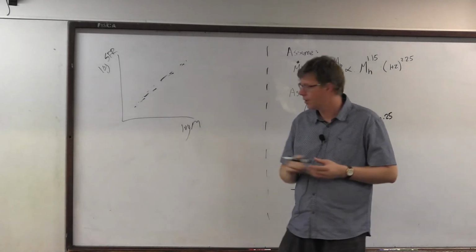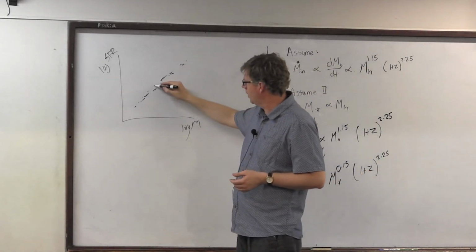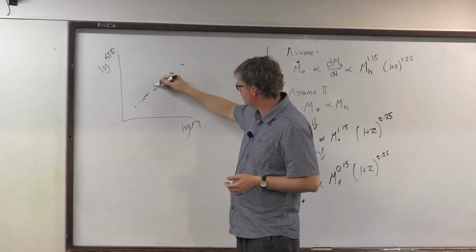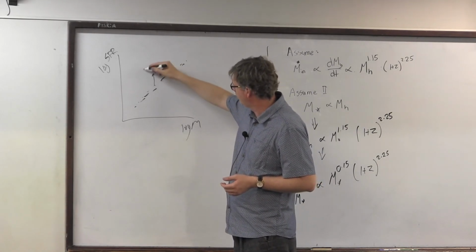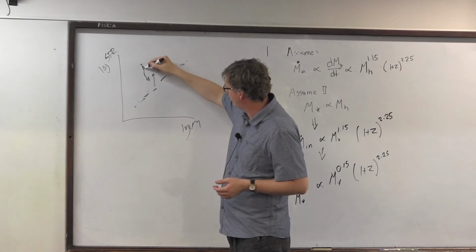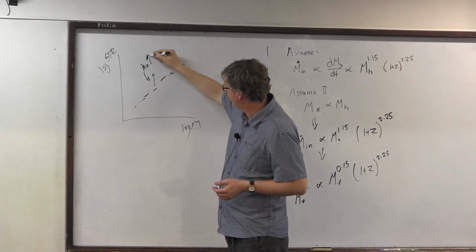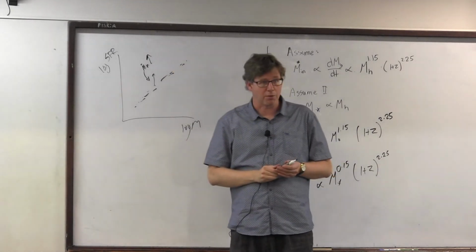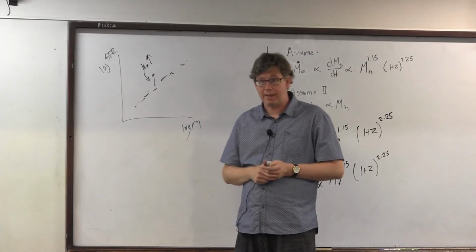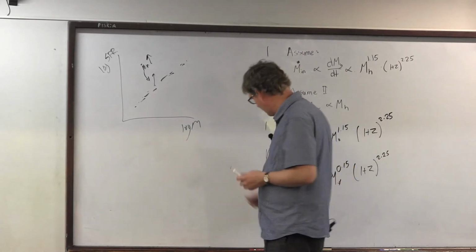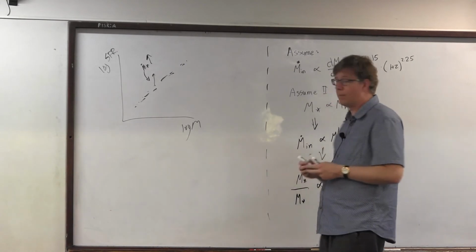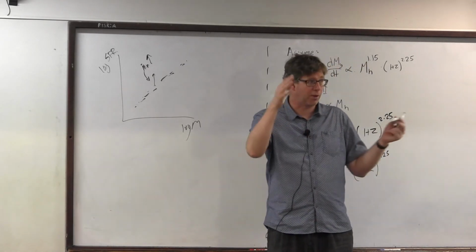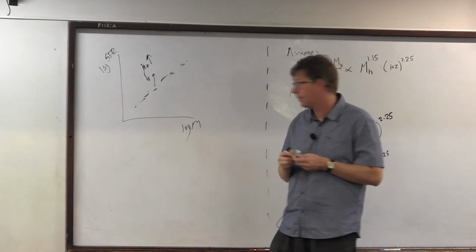If I push the galaxy up in star formation rate, I increase the amount of infall. So m dot in goes up, then the star formation rate goes up, but then the outflow goes up, and that outflowing gas will stop gas from falling in.